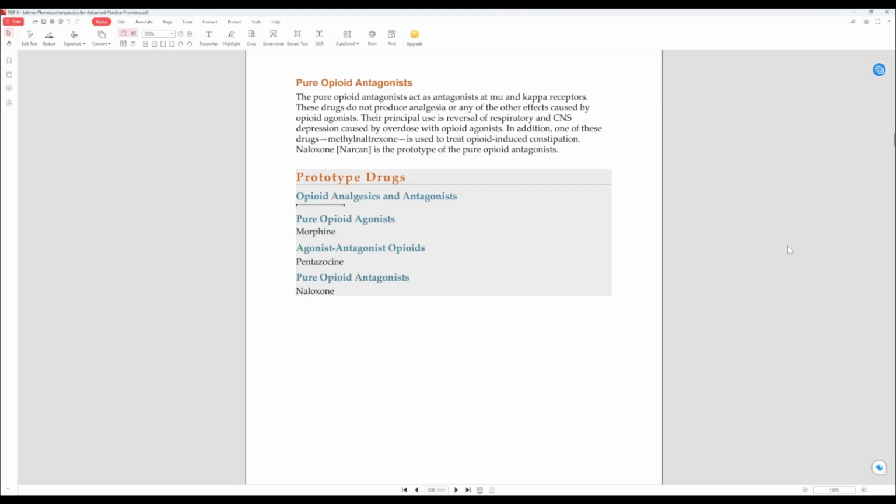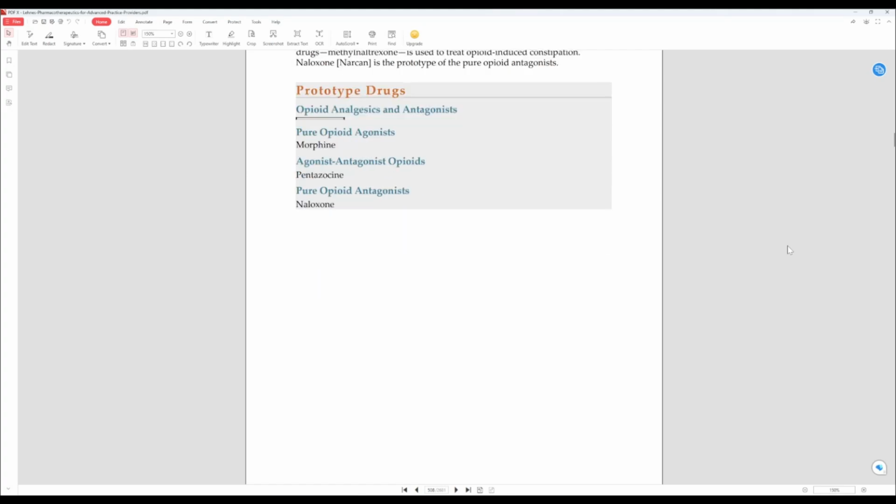In addition, one of these drugs, methylnaltrexone, is used to treat opioid-induced constipation. Naloxone, or Narcan, is the prototype of the pure opioid antagonist. So here you see a list of the prototype drugs that we'll be talking about: morphine, pentazocine, and naloxone.